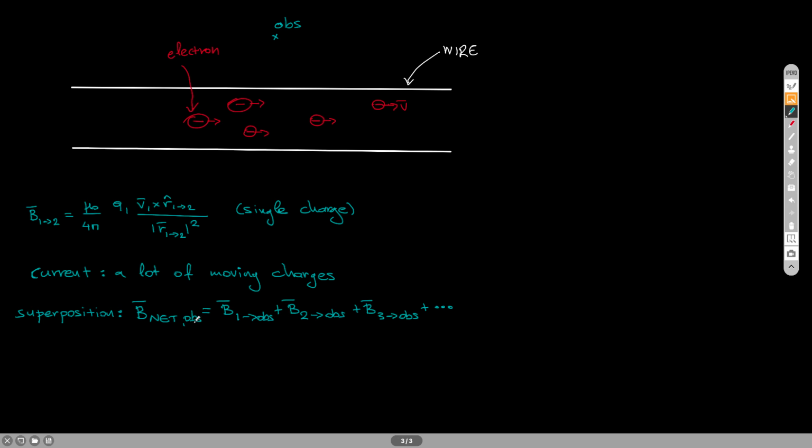If you do use the superposition principle and you simply take this and essentially multiply it with the number of charges, you can show that the magnetic field from a number of moving charges, not just one, those charges that you have in a short length of current carrying wire, can be calculated using this expression.